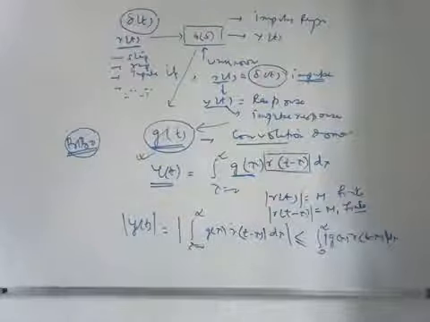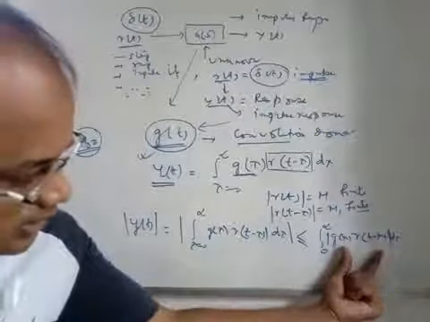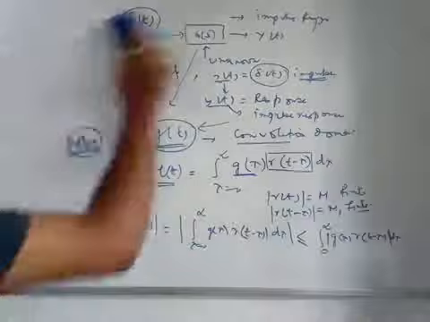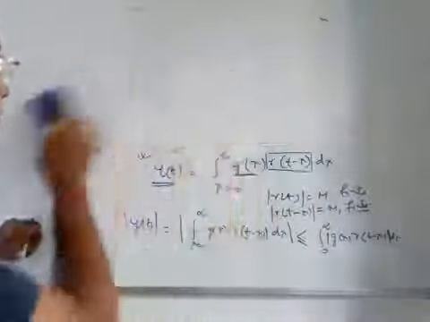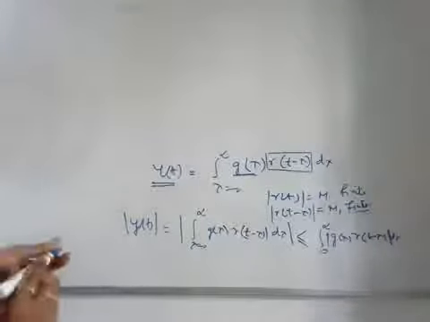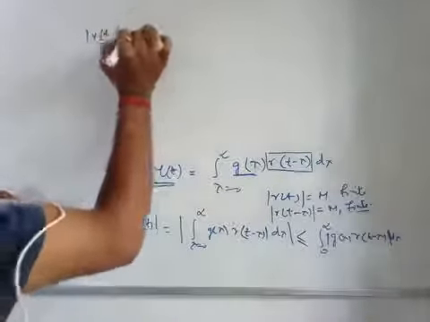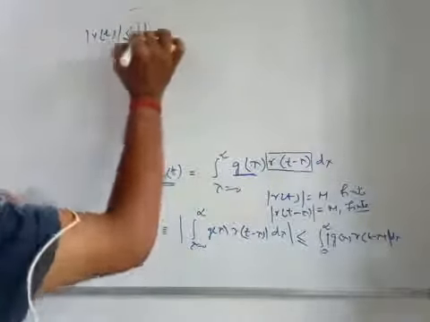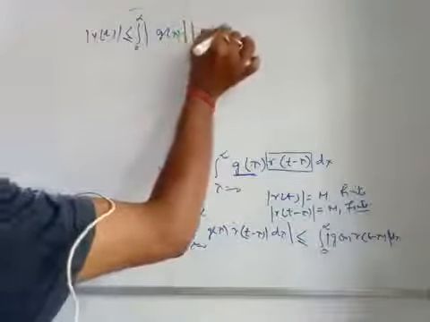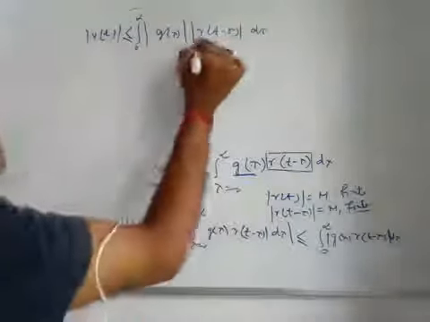So this is your relationship, and once this relationship is obtained, then I can say that the modulus of y(t) is less than the integration from 0 to infinity of g(tau) times r(t minus tau), that is valid.